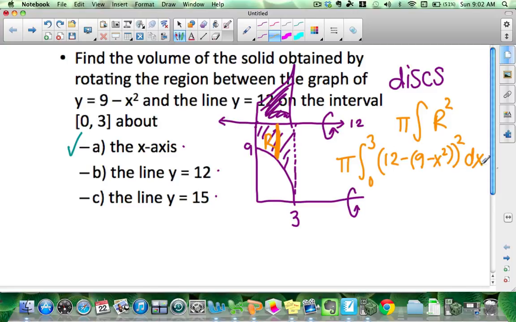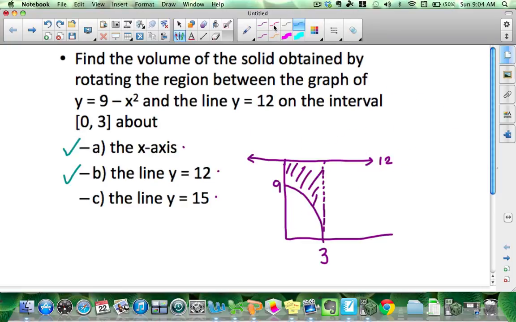Here we go. Last example with this region, now we're going to be rotating around the line y equals 15. Again, we have an axis of rotation that is parallel to the x-axis.